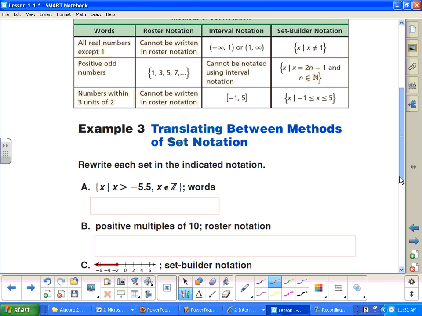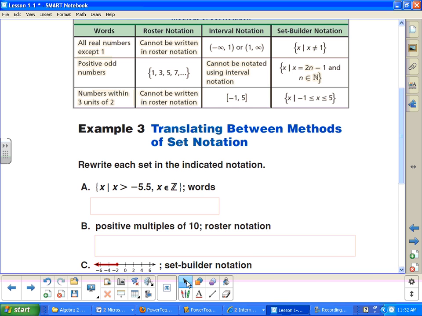What's z stand for? Which set of numbers? Integers, okay? So what does this mean in words? It means the integers that are greater than negative 5.5.